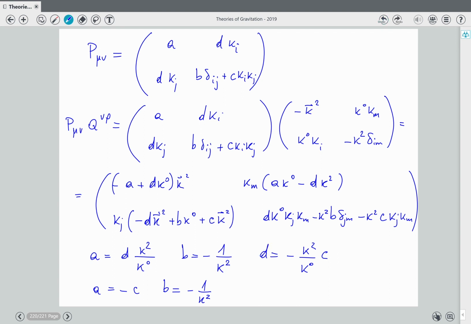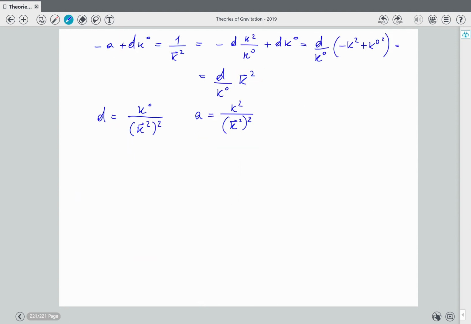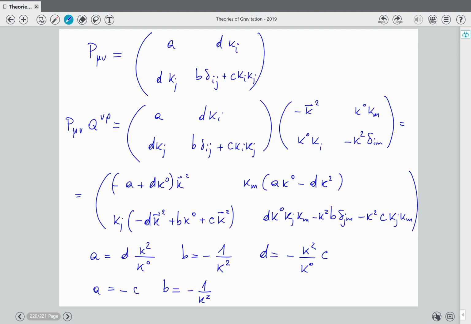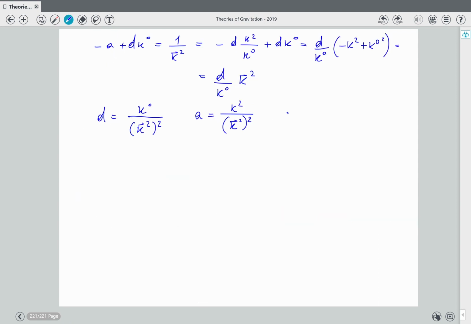Let's see. Let me check here. A is equal to minus k squared. I have all the signs wrong there, but if they are all wrong, that's correct. Yes, A is that. D is with the wrong sign, but because I'm using a different notation, so probably this is okay. And C is minus k0 d over k squared. That is C. A, B, C. B, we don't have.